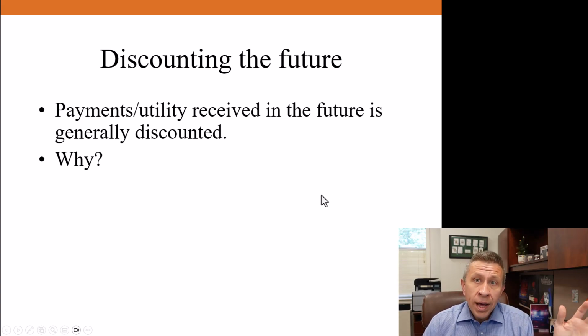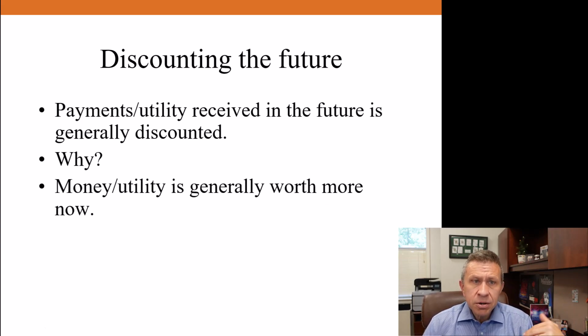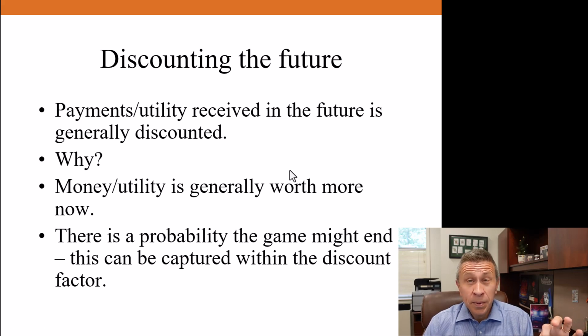The reason why they're discounted: money or utility is generally worth more now. You could have inflation, people are myopic, but another thing, there's a probability the game could end that's unforeseen. Not to be too morbid, but if you are engaged in a daily transaction with an individual and you try to really get the best out of them, it could succeed once, but then you won't get to do business anymore, whereas you're doing business every day with that person.